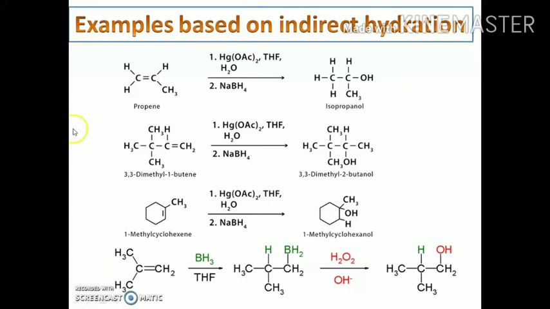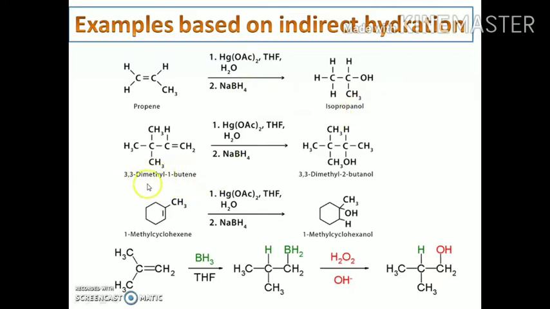Like in the first case, propene on mercuration and demercuration in the presence of mercuric acetate and sodium borohydride gives a Markovnikov product, and the name of the product is isopropanol.